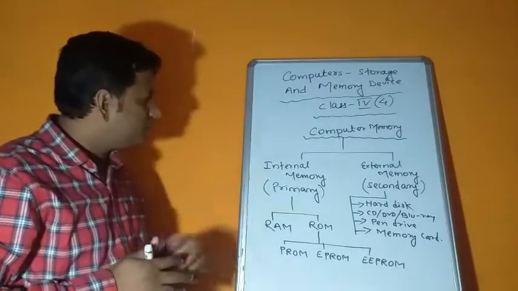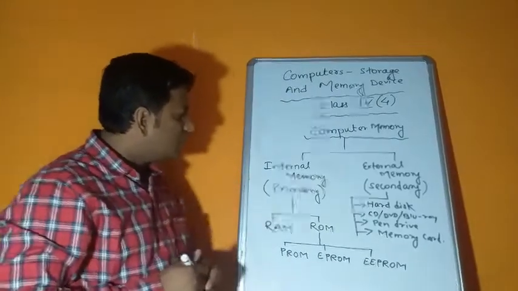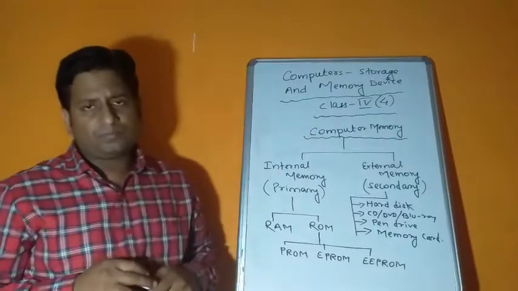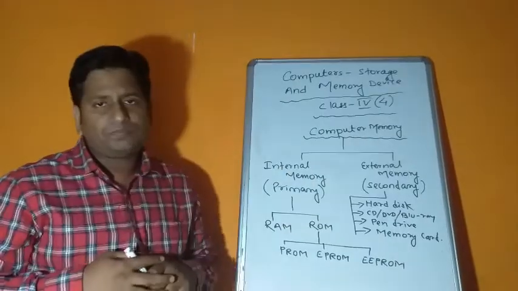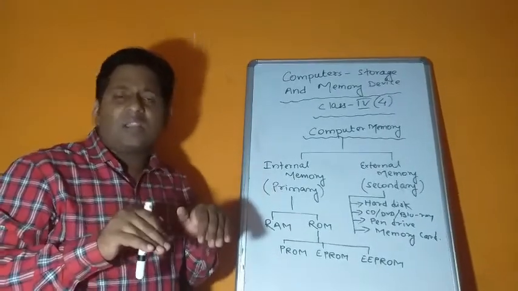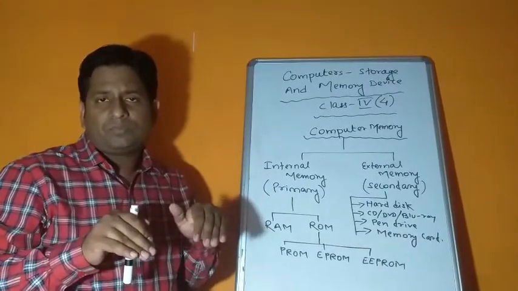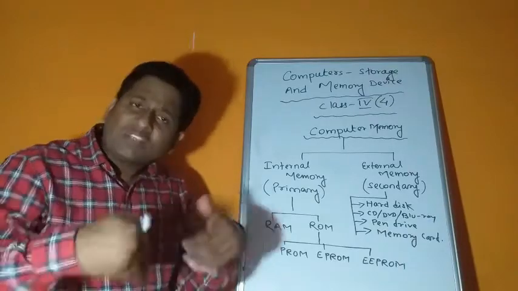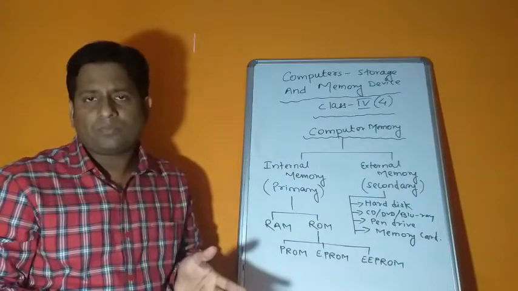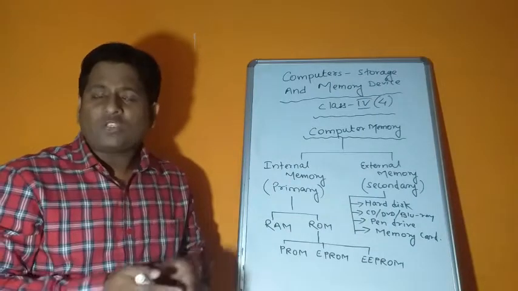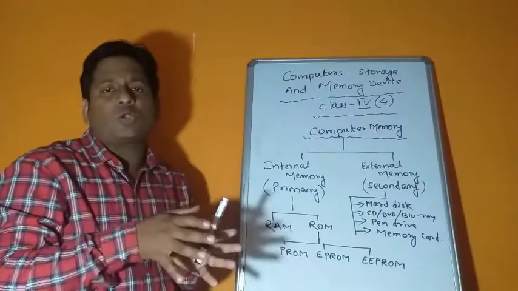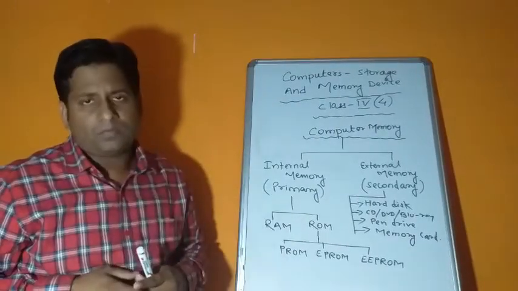You can see here, the first part is internal memory, and the second is external memory. Internal means inside the computer. External means outside; not outside the computer, but without this memory also the computer can run.